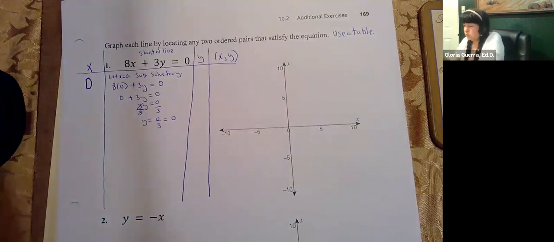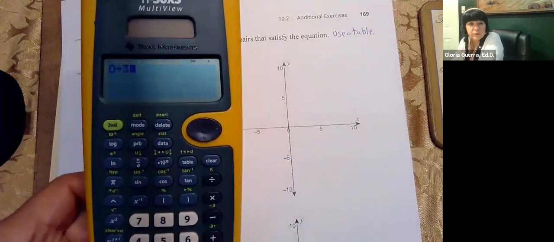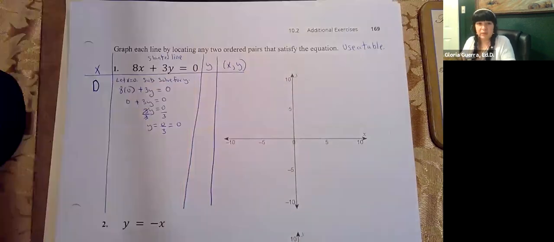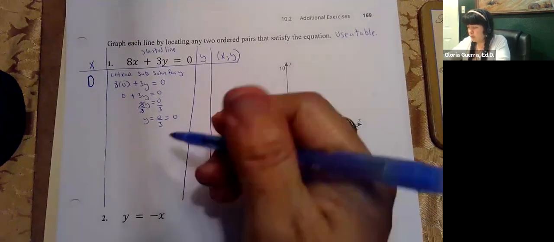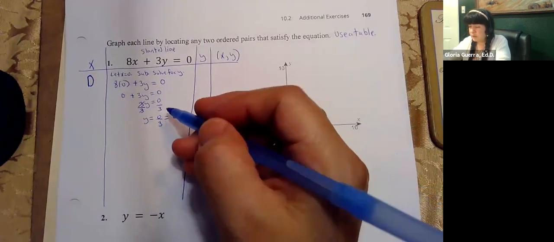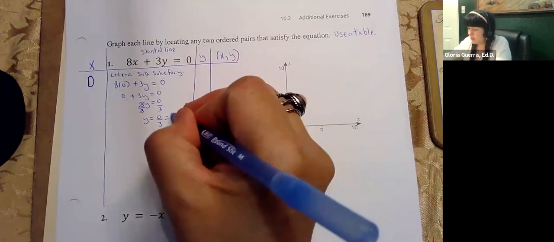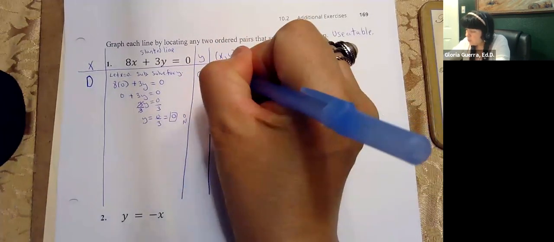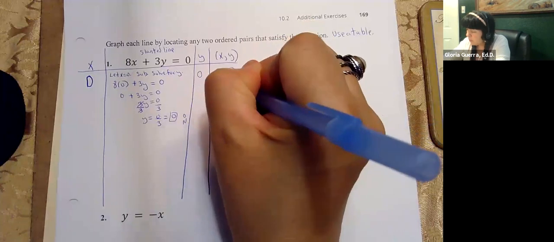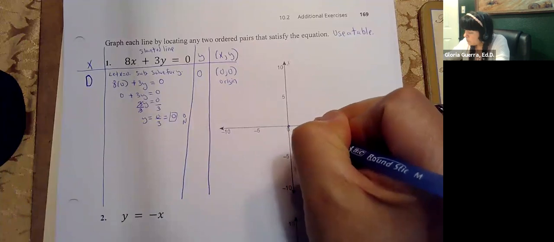When you have 0 on top, that's 0 divided by 3, and you get 0. When you have 0 on the bottom, that gives you undefined. So this one is 0, and that's the origin. That's like the belly button of the graph, right here, 0, 0.